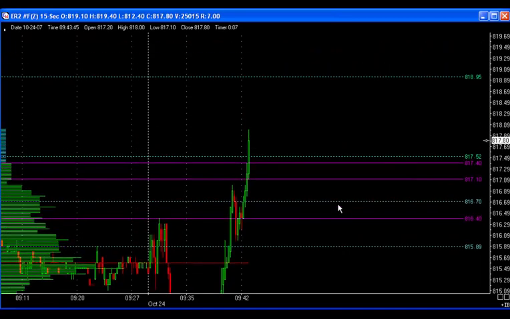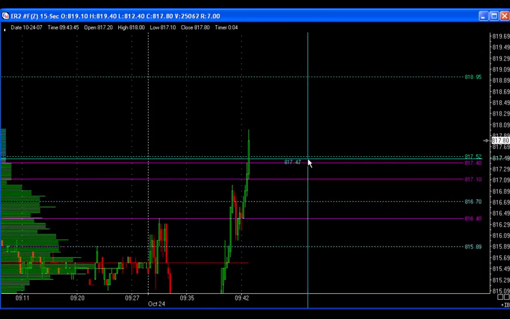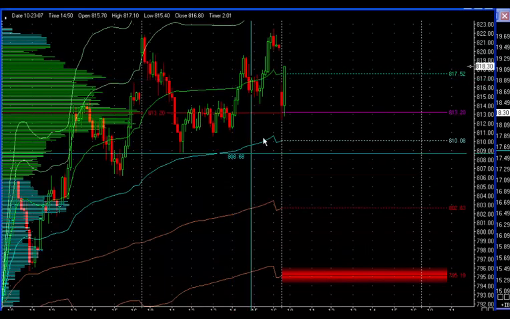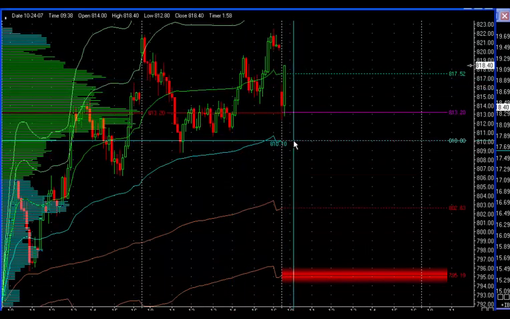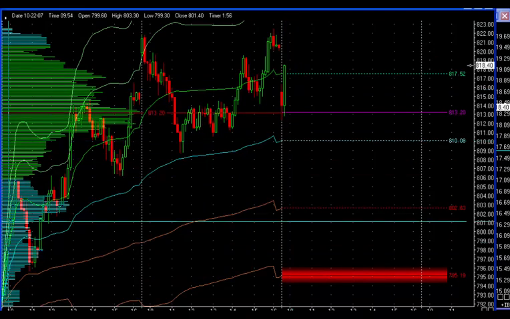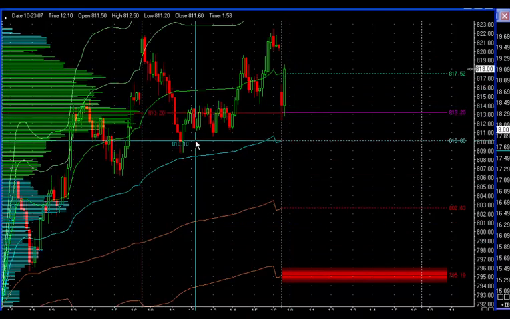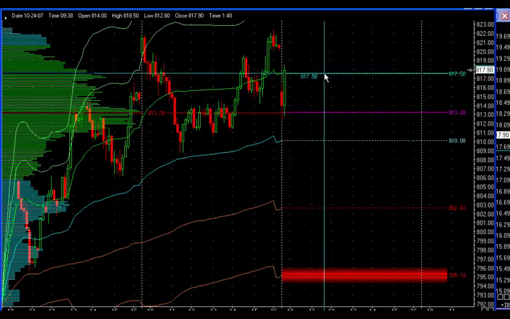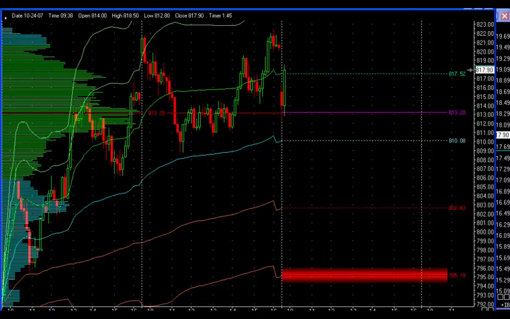There we go. Broke out 817.52, and we should move up to 818.95. Again, 817.52 is the first standard deviation above the VWAP of 2-day data. Here you see 2 days worth of data, and there's the 817.52 value for the first standard deviation.